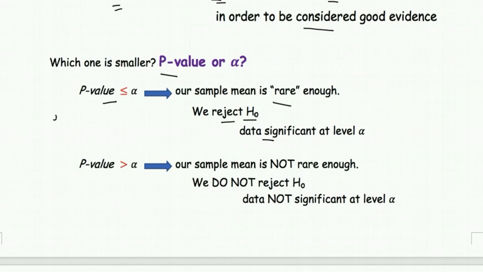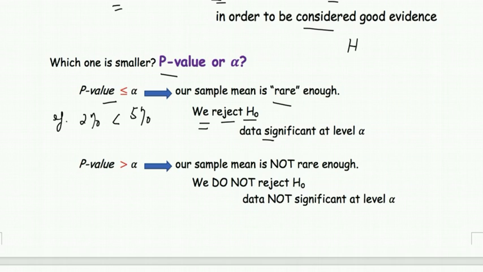So for example, let's say alpha is 5%. Now you have a choice as a researcher to set what alpha is. Let's say your p-value is 2%. So 2 is smaller than 5. In that case, you make your conclusion that we can reject the assumption.